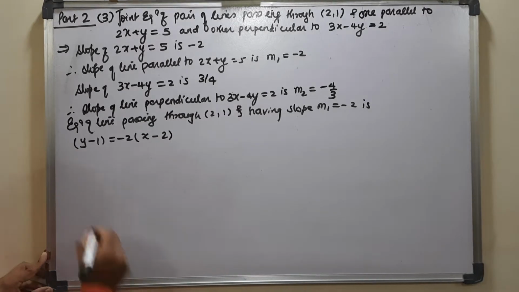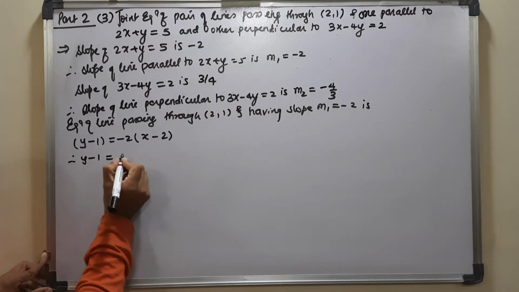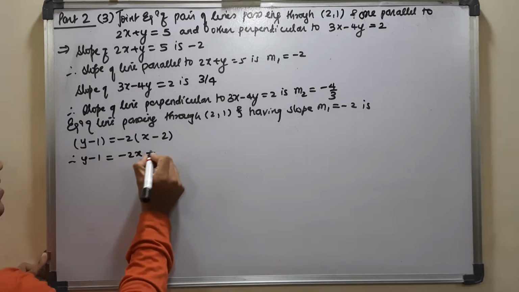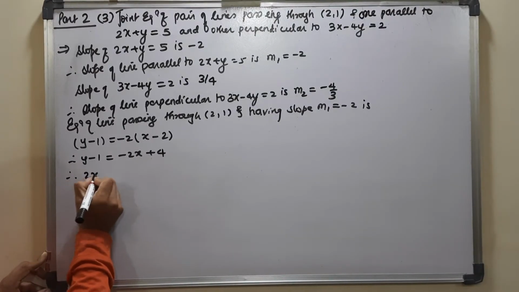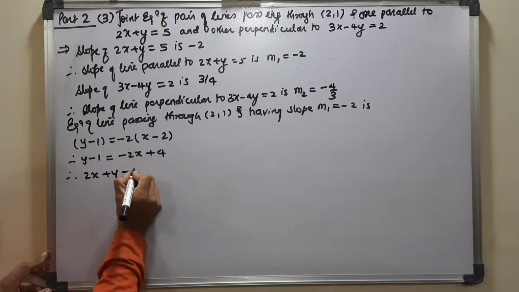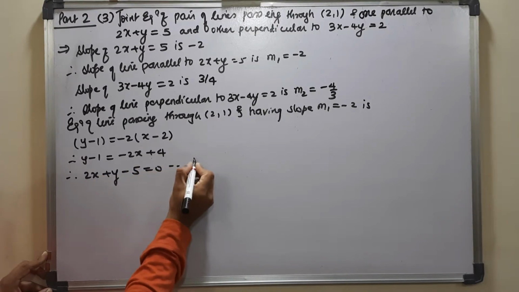So y minus 1 is minus 2x plus 4, indicating that 2x plus y minus 5 is equal to 0.